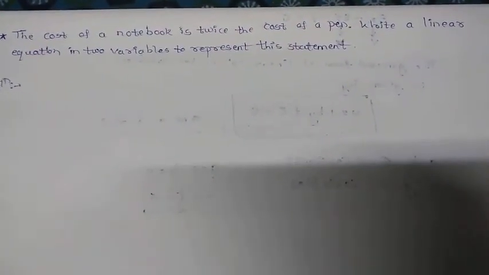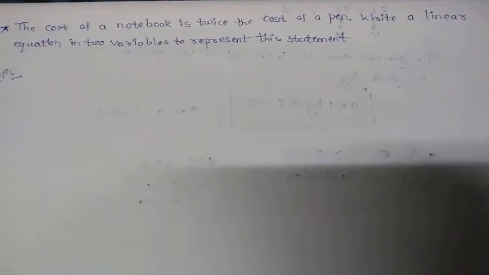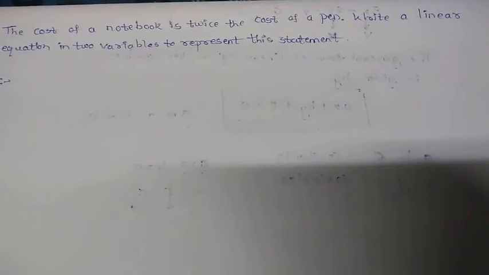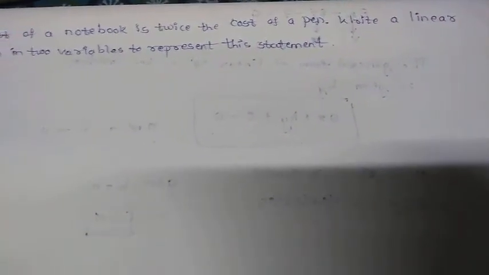The cost of a notebook is twice the cost of a pen. Write a linear equation in two variables to represent this particular situation. So it is given that the cost of a notebook is twice the cost of a pen, and we have to write a linear equation for this particular statement.